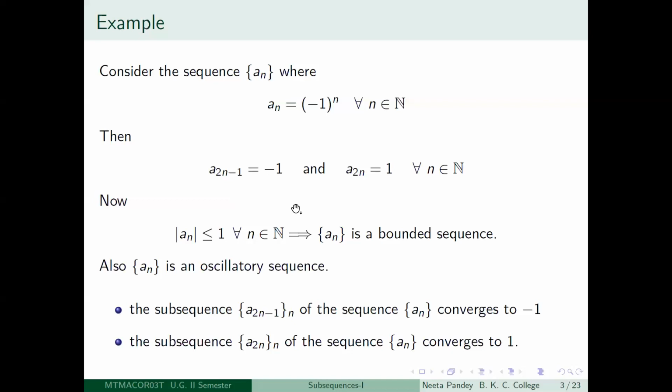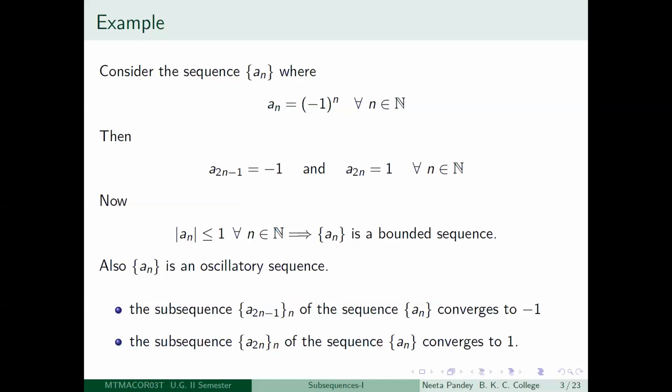So what does that make your subsequence look like? It looks like that after a certain term, every term of the subsequence should be an odd term of the sequence. I hope I have made myself clear. If you want a convergent subsequence, then it can converge only to either -1 or 1.